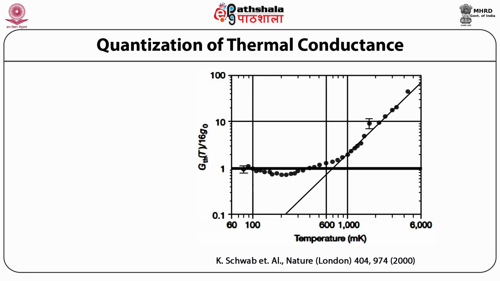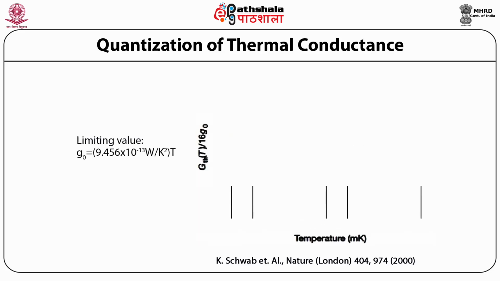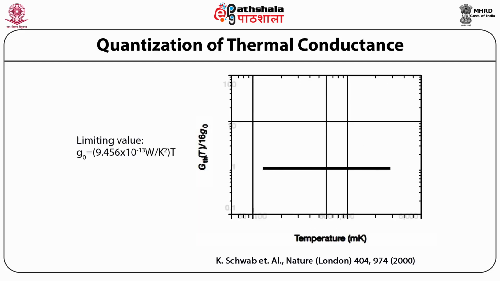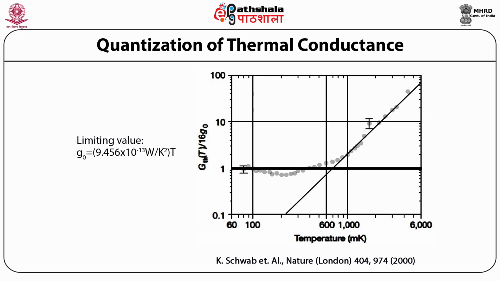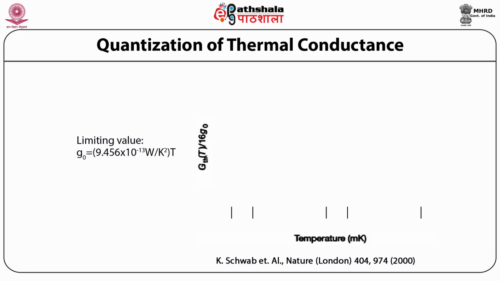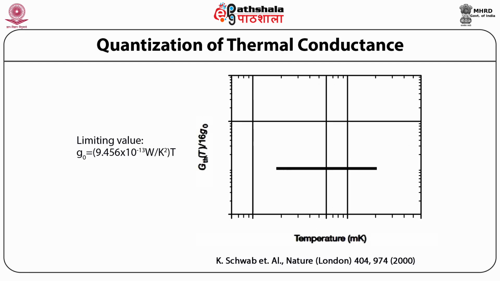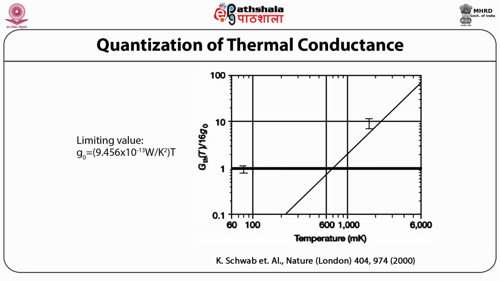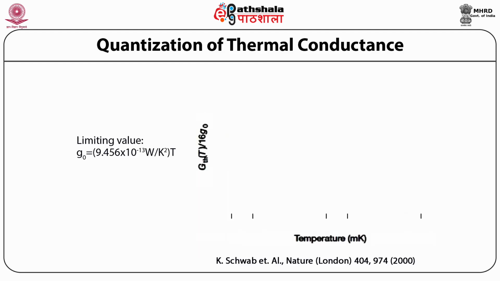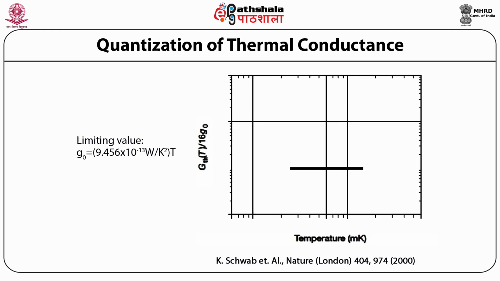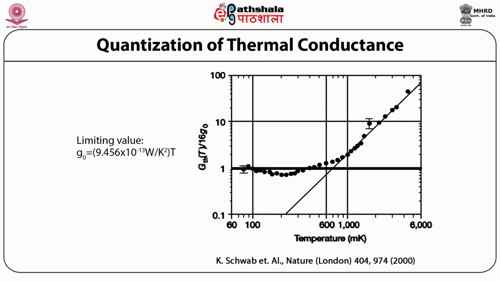So thermal conductance has the limiting value G_0 = 9.456 × 10^-13 W/K² × T. This shows the quantization of thermal conductance for temperatures below T_co.